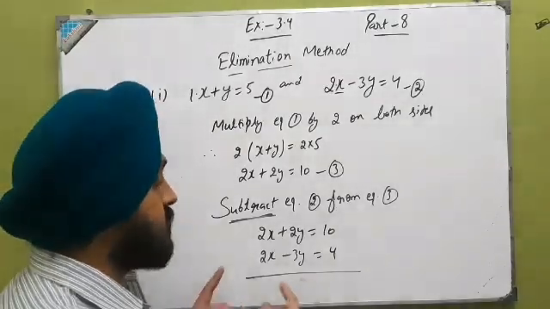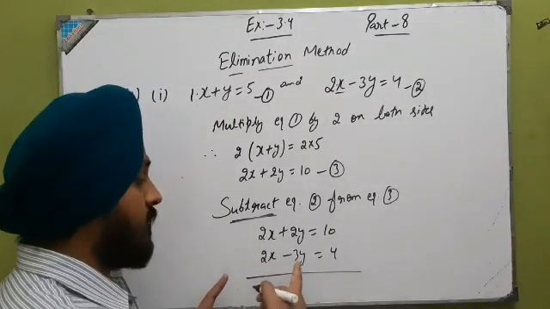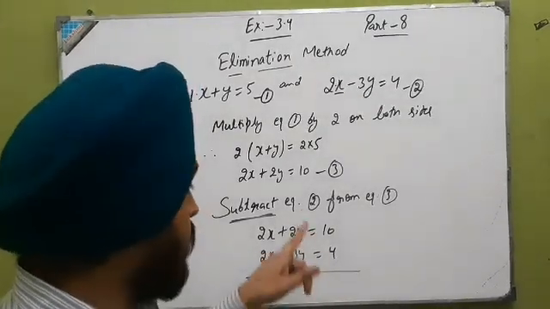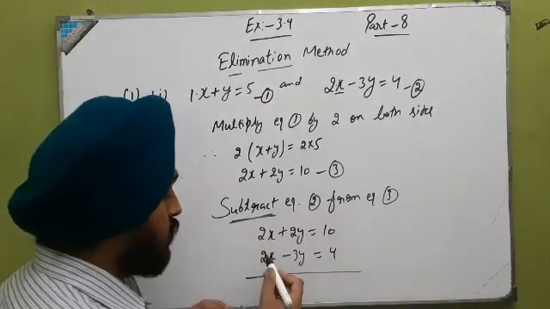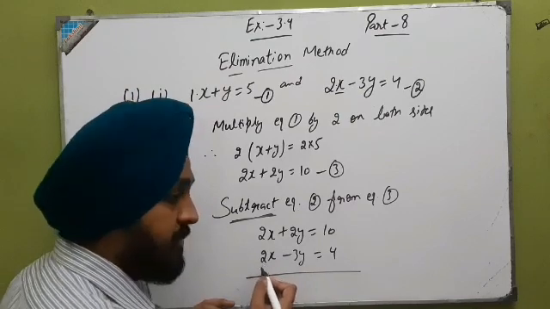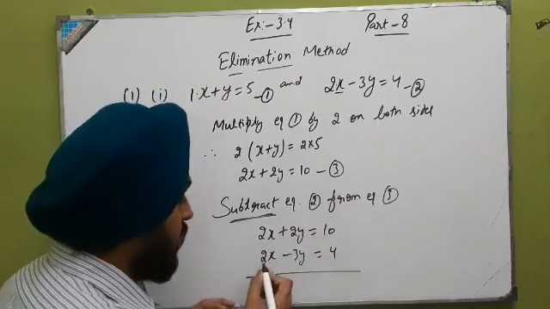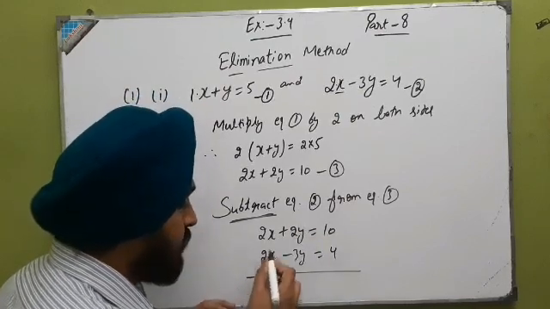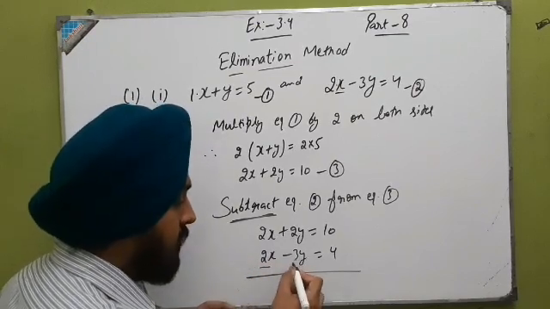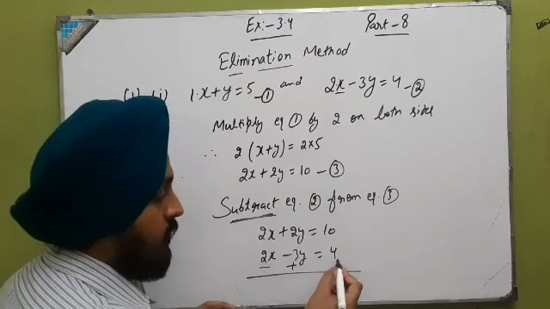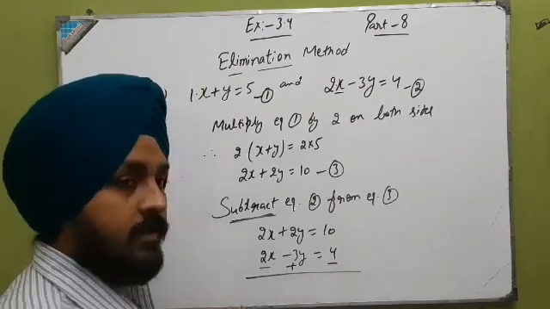So I have to change the sign of each term of equation 2 because I am subtracting equation 2 from 3. Here 2x is of positive sign, now it becomes negative. 3y is of negative sign, now it becomes positive. 4 is positive, now it becomes negative.